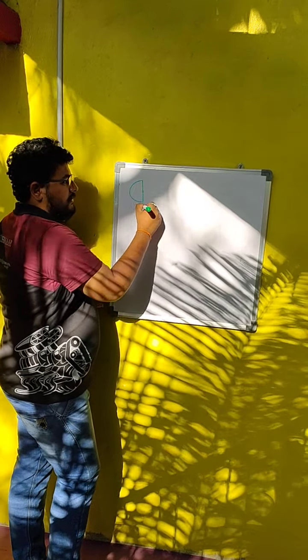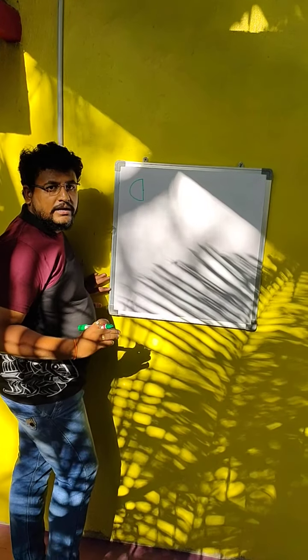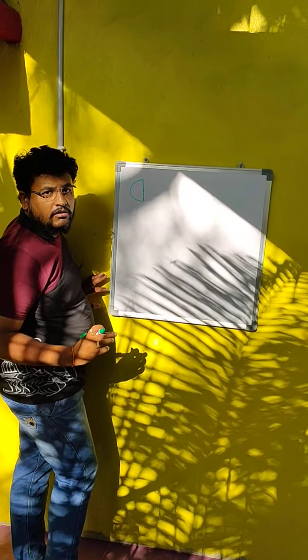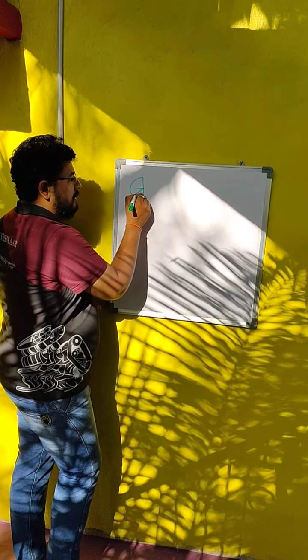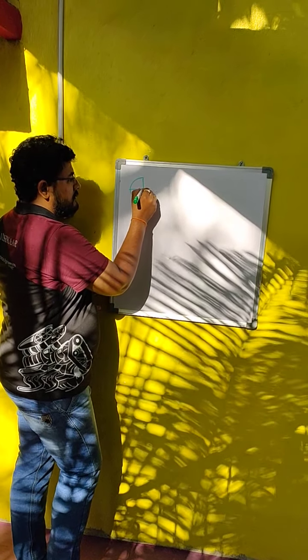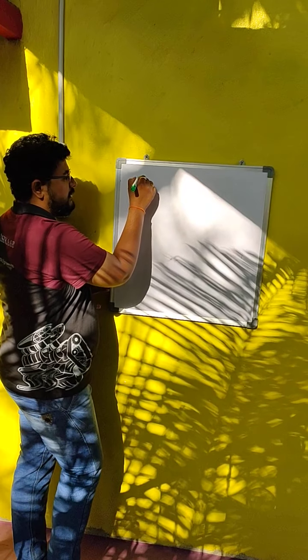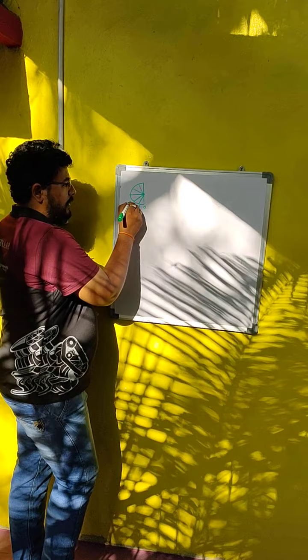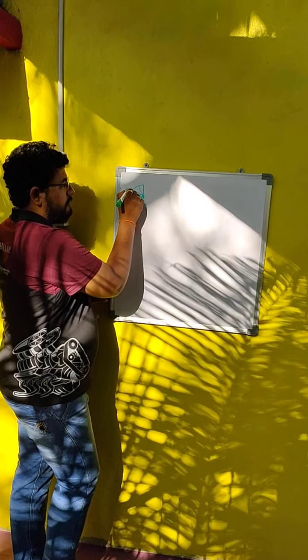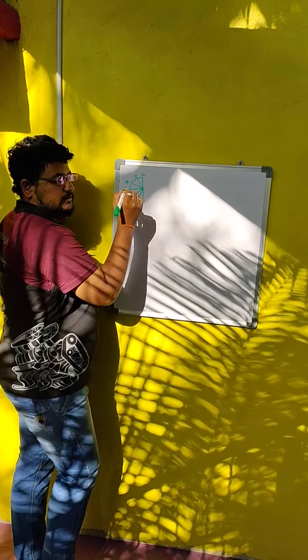That means the diameter of the semicircle will be 20 mm, which is nothing but the stroke of the follower. Now let us divide this into equal number of parts. Generally we divide into 6 equal parts. That means each part is of 30 degrees. Let us name these points as 0, 1, 2, 3, 4, 5, 6.